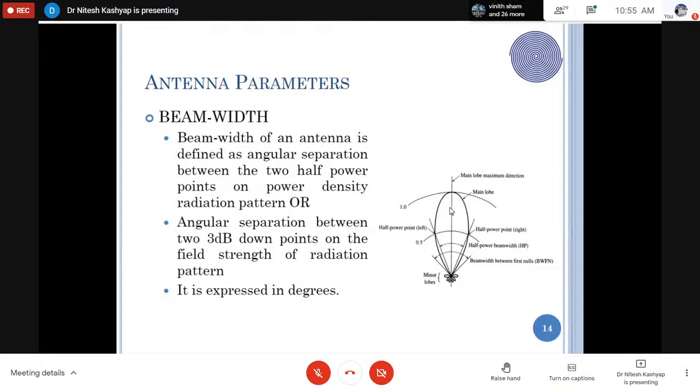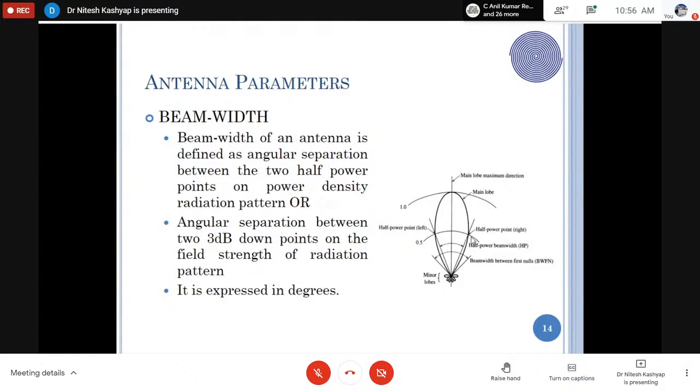The main lobe concentrates almost the whole maximum radiated power in it, and the half power beam width tells us how the half of the power is spread by the antenna in the radiated direction basically.